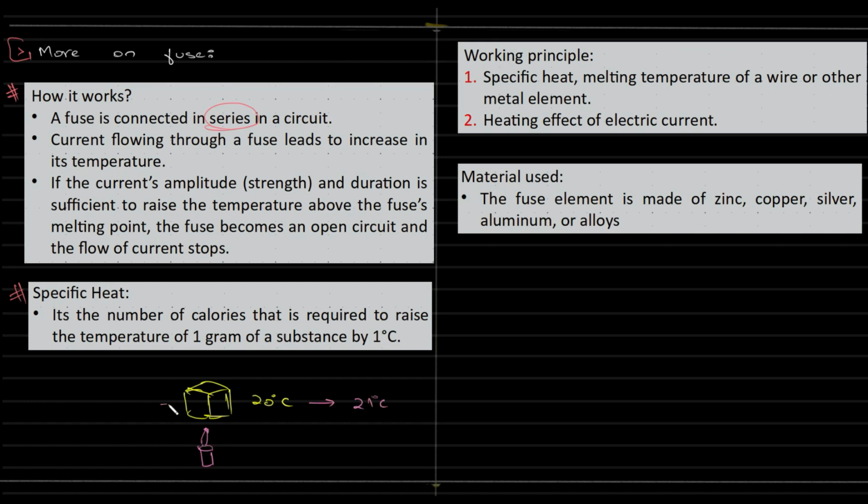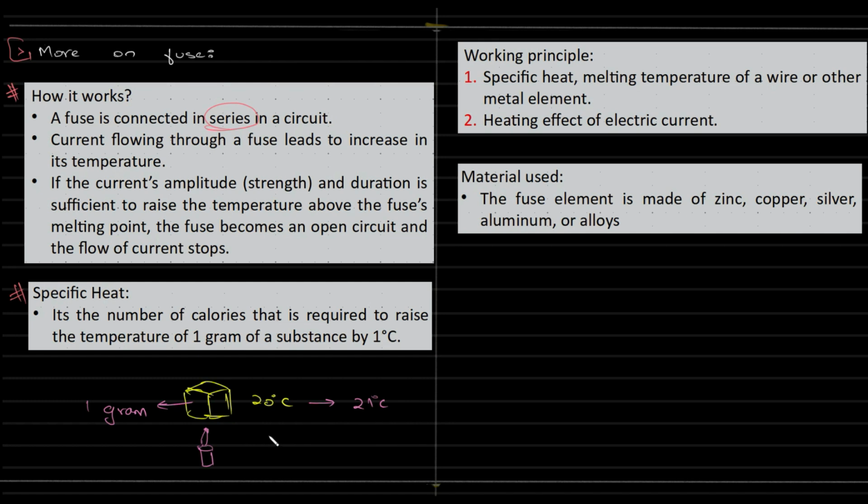One more thing is that this has to be of mass 1 gram. So I took 1 gram of a given material, measured 20 degrees Celsius, and increased it to 21 degrees Celsius. That is, the increase in temperature is 1 degree Celsius.